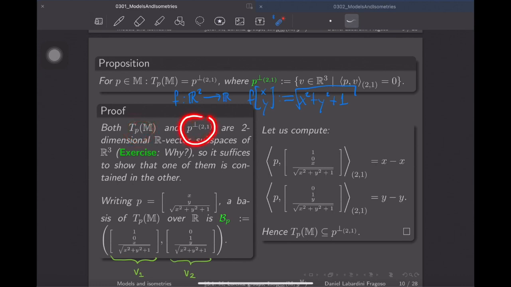The fact that this is two-dimensional follows from the non-degeneracy of Minkowski's form, and then one knows that this is a basis, because one just pairs this with P and this with P, and finds that those pairings are 0. So one obtains this inclusion, but since both of them are two-dimensional, one has equality.